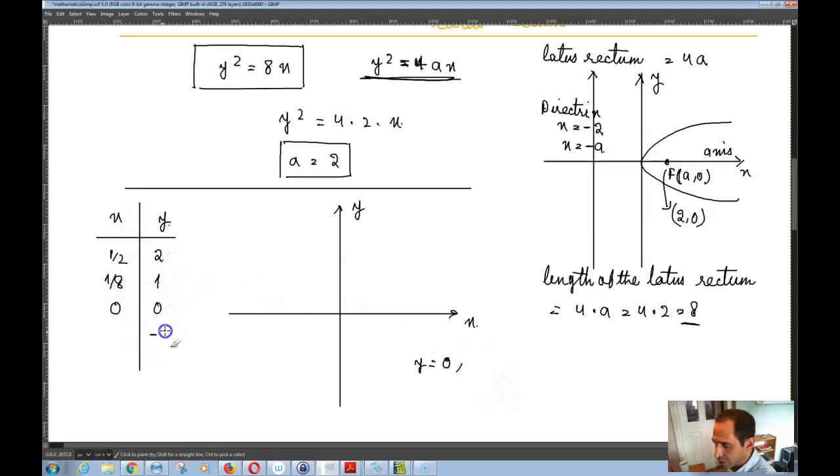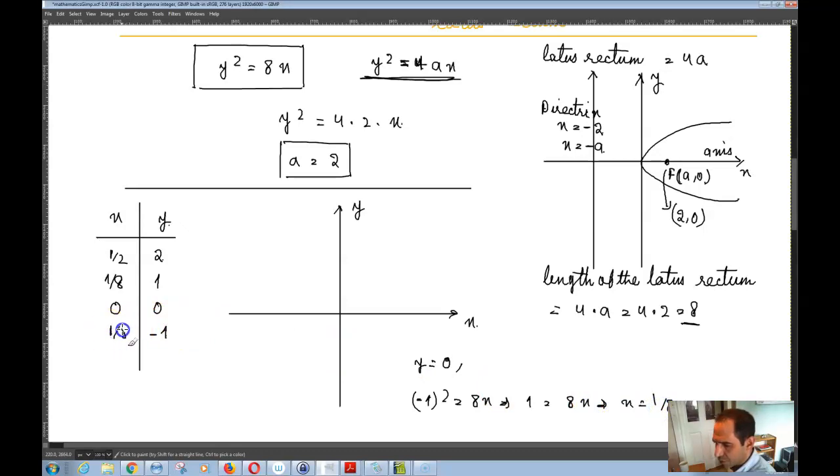If y is equal to -1, again you get (-1) squared is equal to 8x, and that means that 1 is equal to 8x, so x is equal to 1/8.